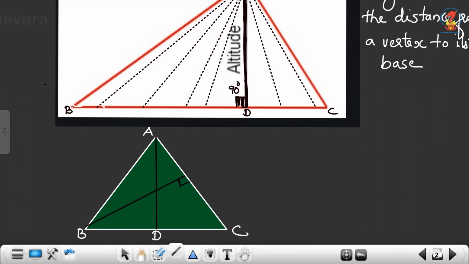The angle between them is 90 degrees. Here also the angle between them is 90 degrees. Now from C also we can draw an altitude.